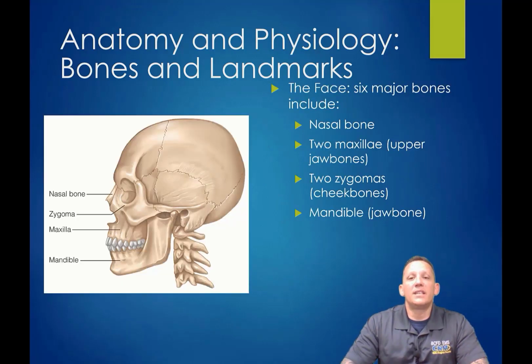So the face is comprised of 6 major bony areas, and this includes the nasal bone, the 2 maxilla, which is the upper jaw bones, the 2 zygomas, which is the cheekbones, and then the mandible, which is the lower jaw. This is the part that's actually articulating or hinged and facilitates chewing.